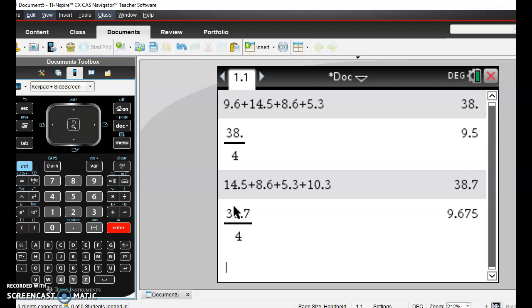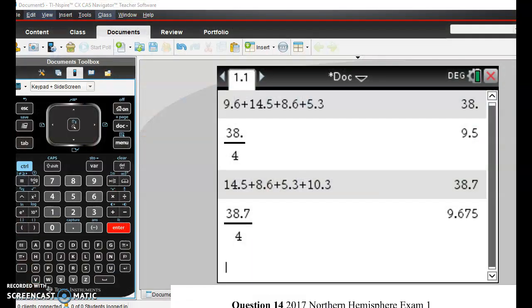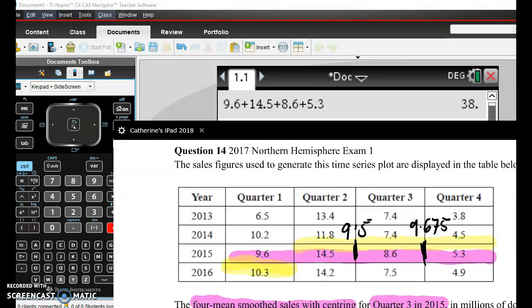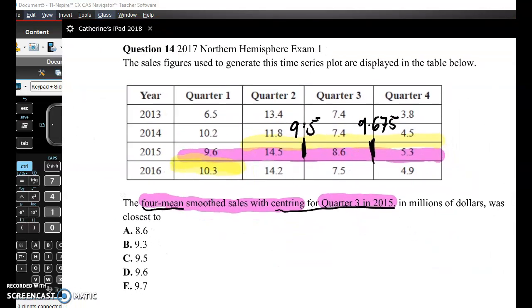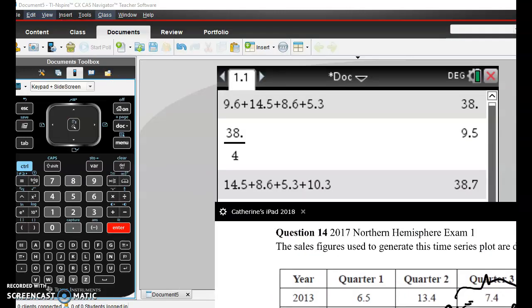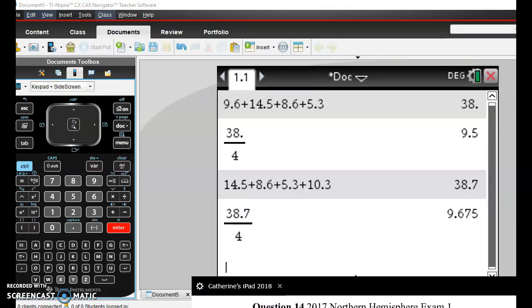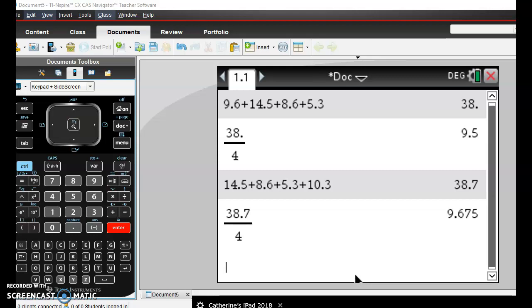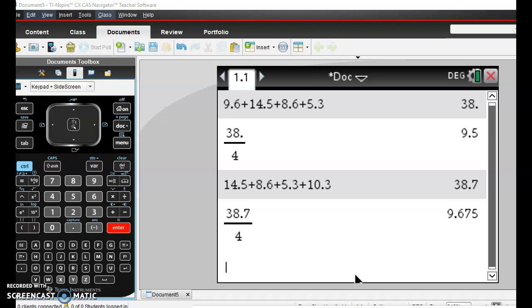So that's 9.675. So what we do now is we get those 2 values and we find the mean of those, because then they will be centered around quarter 3. So I'll go back to my CAS and arrow up.